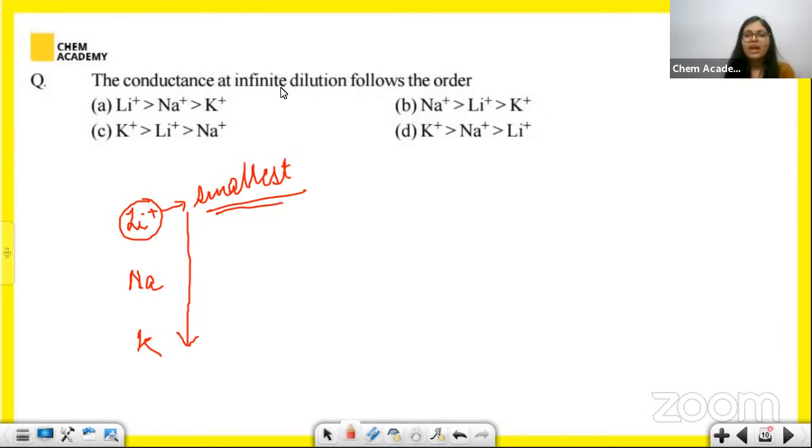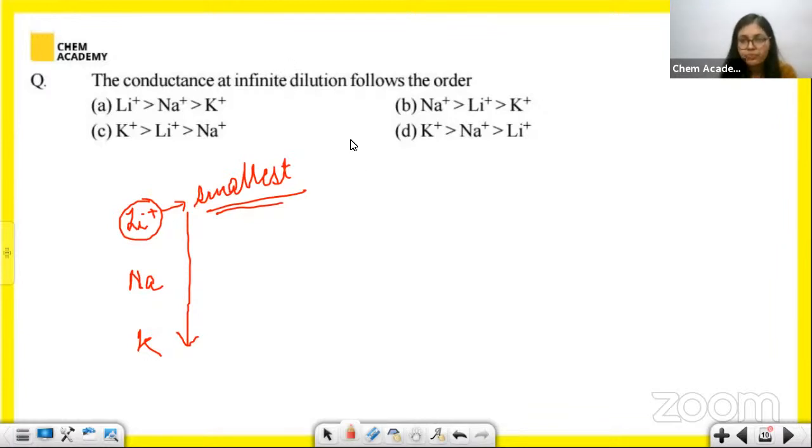If I compare size without an aqueous solution, the size increases down the group, that is, K plus will be biggest, then Na plus, and then Li plus. But in aqueous solution, the size of Li plus becomes the biggest.